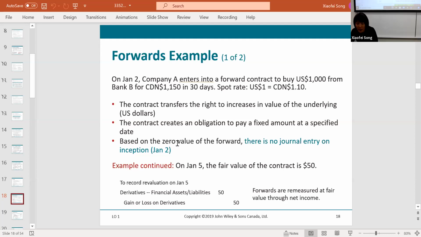So based on zero value of the forward, there's no journal entry on inception, January 2nd. Before we get into journal entry, just what happens if US dollar value rises in reference to Canadian dollars? Who will benefit?